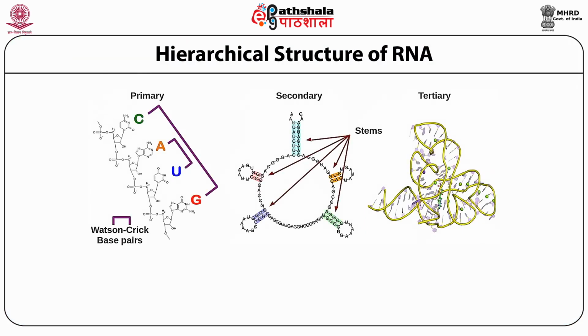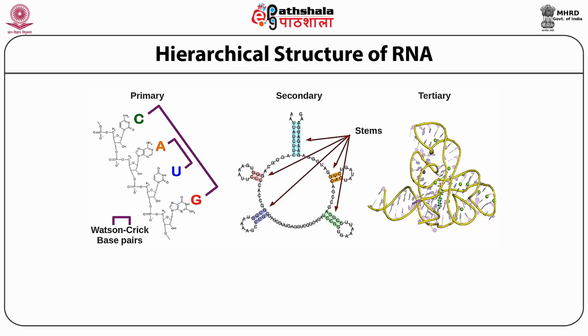So now let's look at the hierarchical structures of RNA. We already know about the primary structure of RNA, where you have Watson-Crick base pairing, but with ribose sugar and the presence of uracil instead of thymine. In this primary structure there can be Watson-Crick base pairing, but it doesn't have any double-stranded RNA presence.